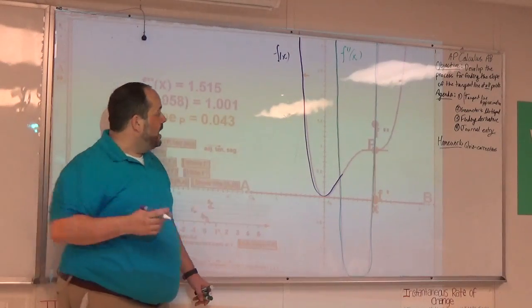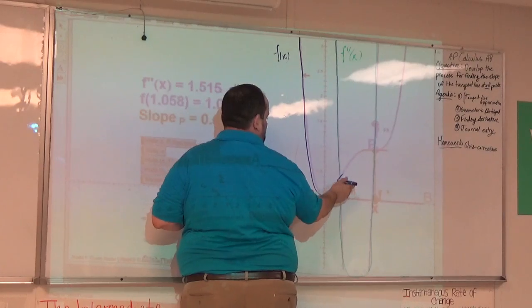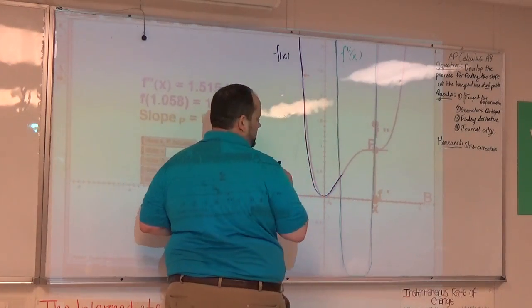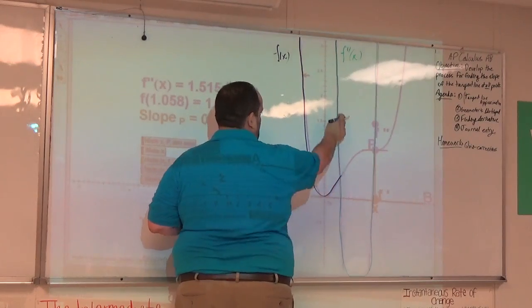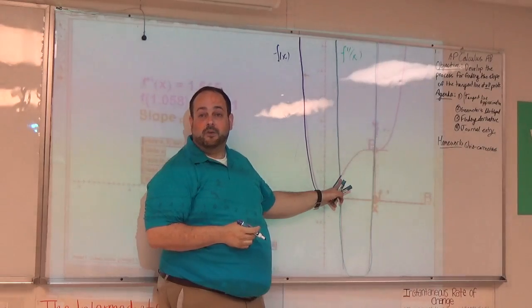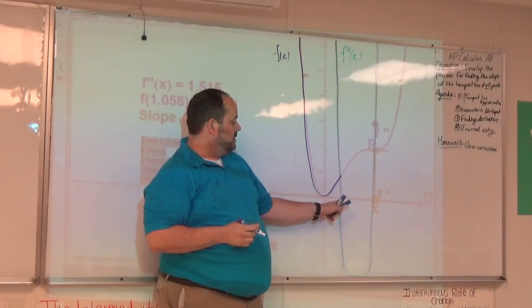Would everybody agree that this graph that I'm tracing in purple right now, the original graph, is concave up? Yeah. And what do we notice about the green graph, f double prime? Purple is concave up, the green is positive.